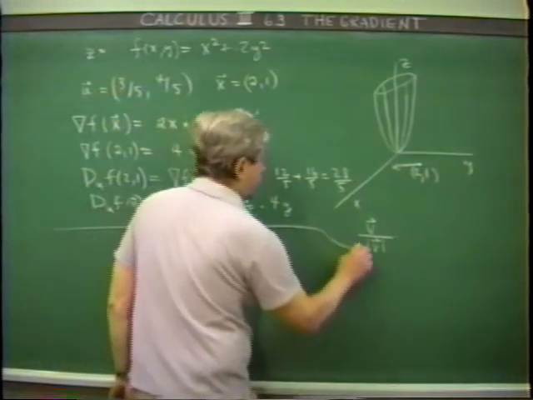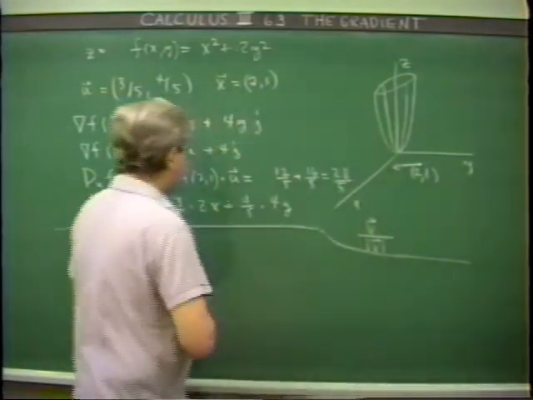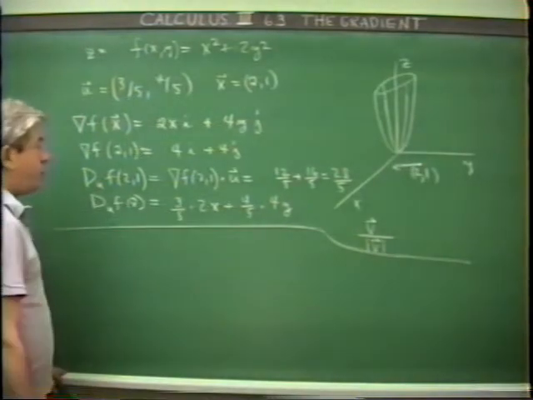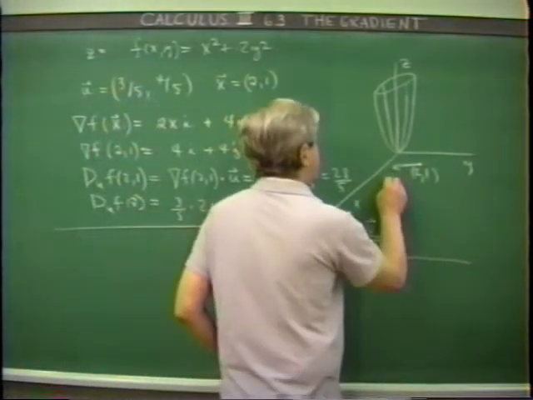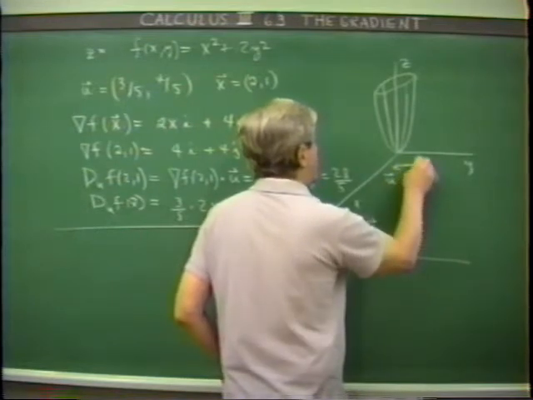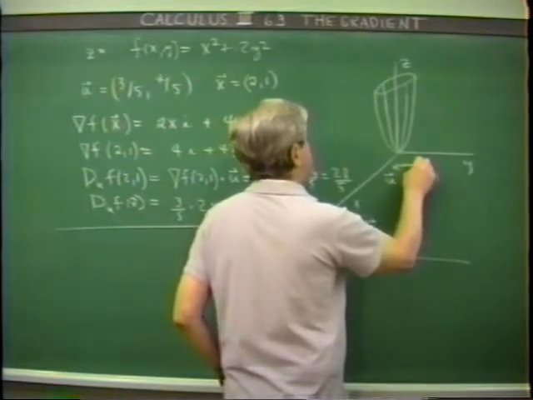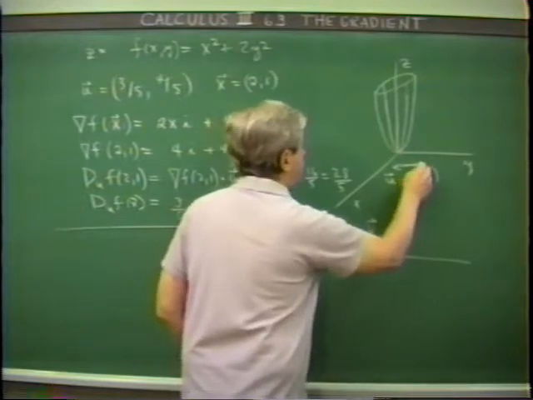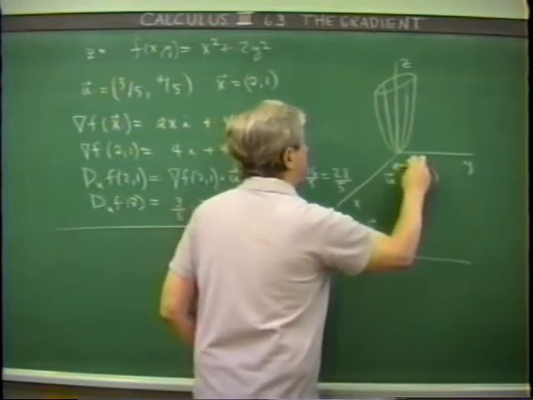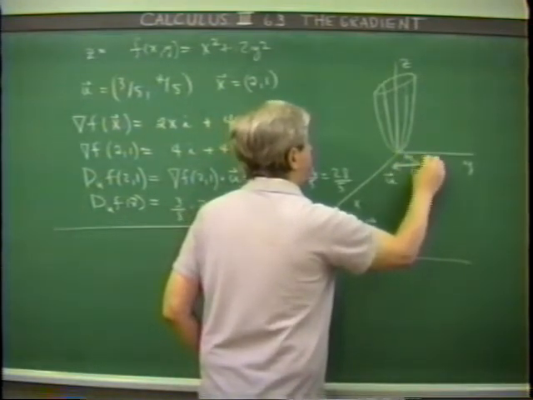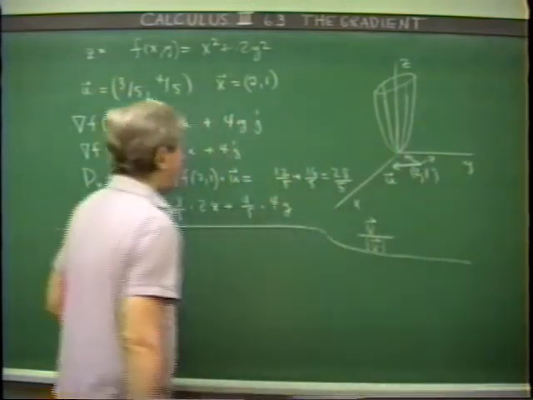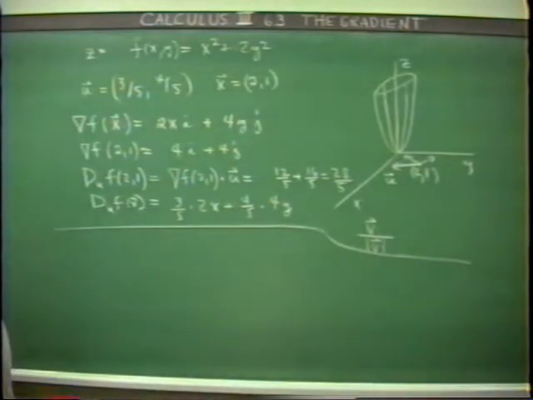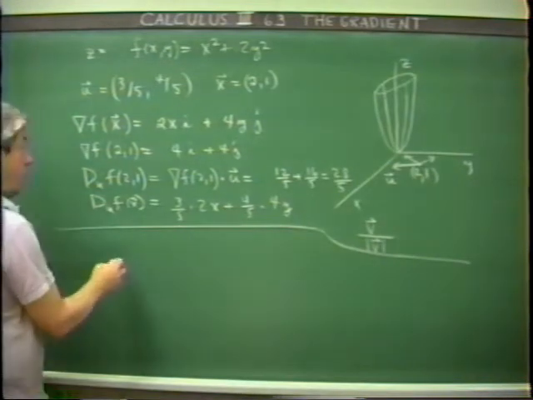Let's take a look at this gradient just a little bit more. What does the gradient represent? Well, let u be a general unit vector here. So any unit vector here at a given point, instead of 2, 1, think of this as the point x. Right?